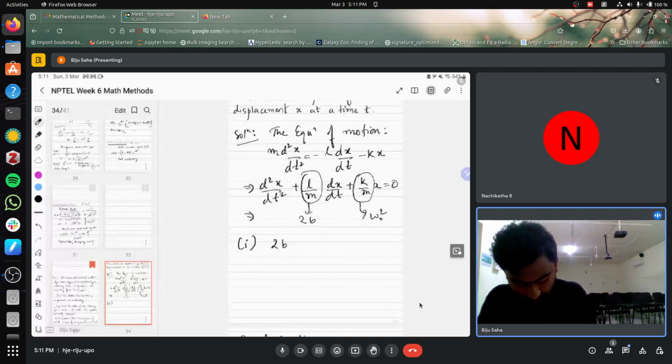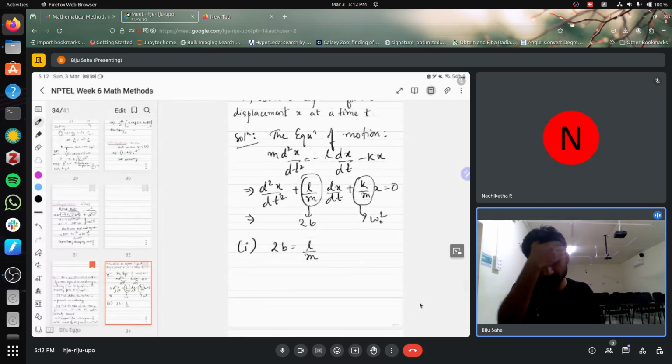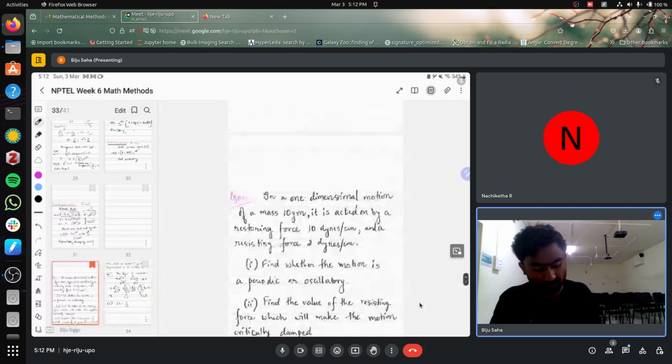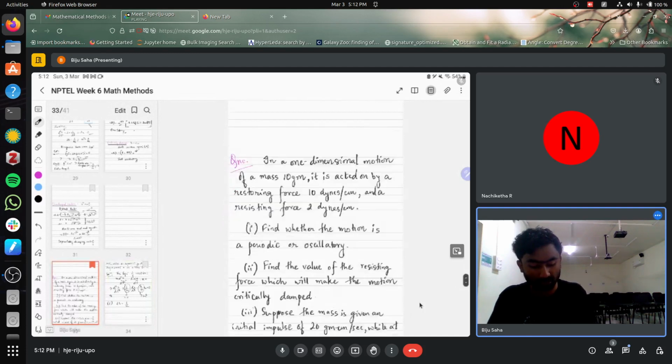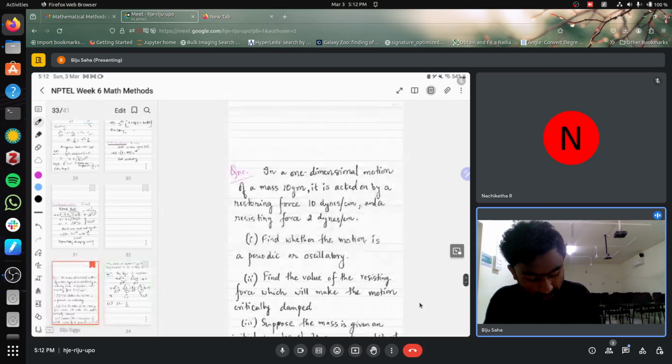So from the first question, what we have is the mass is 10 gram and it is acted upon by a restoring force of 10 dynes per centimeter and a resisting force of 2 dynes per centimeter.